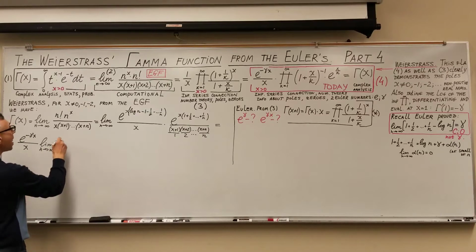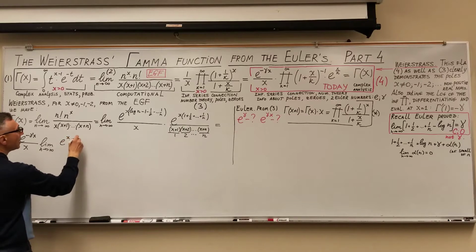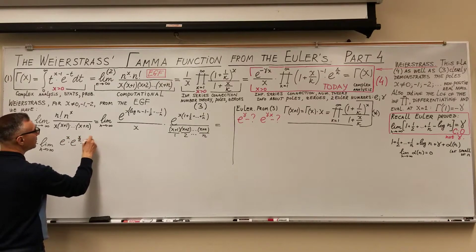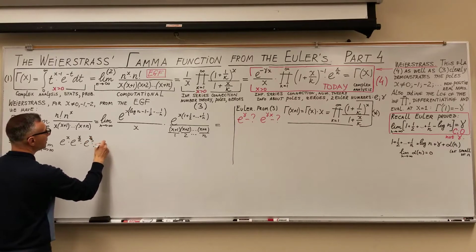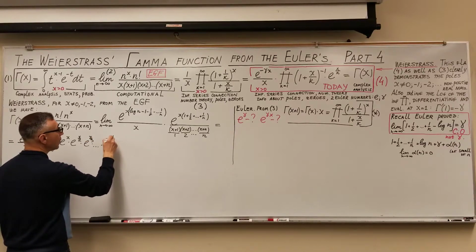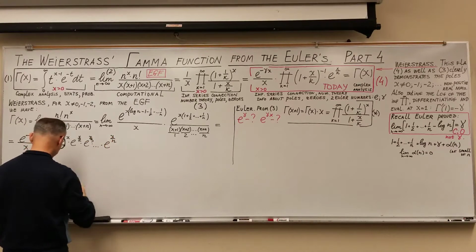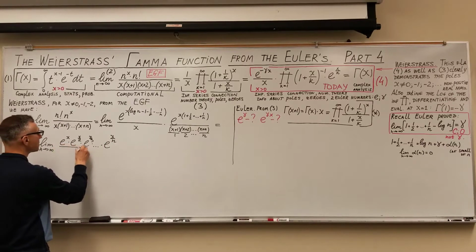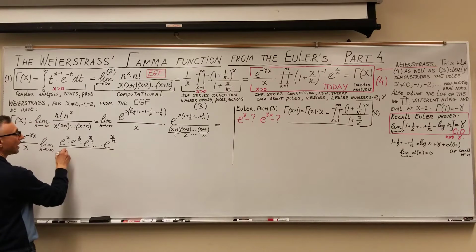What I have here, I can rewrite as e^x multiplied by e^(x/2) by e^(x/3), and so on. The last term will be e^(x/n), divided by, so I have 1 plus x here.